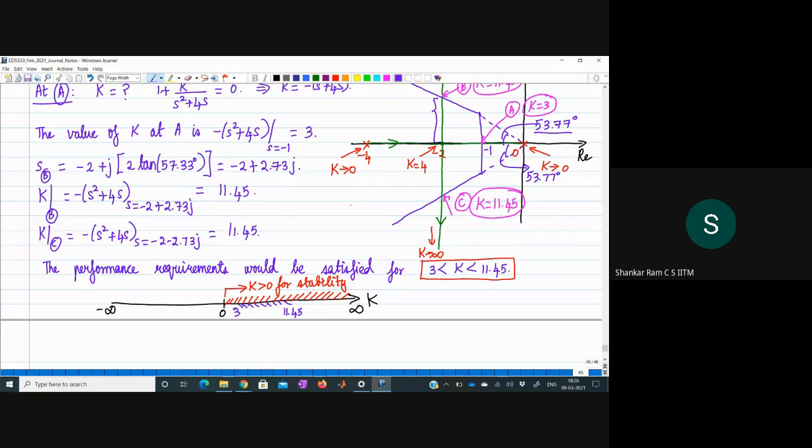I suggest that you work out this process once again on your own, so that you will also be able to understand the final steps, and we'll do more problems as we go along in your homework and projects, which will clarify this process further. Any questions on the steps involved in the construction of the root locus and how we can use root locus for control design?